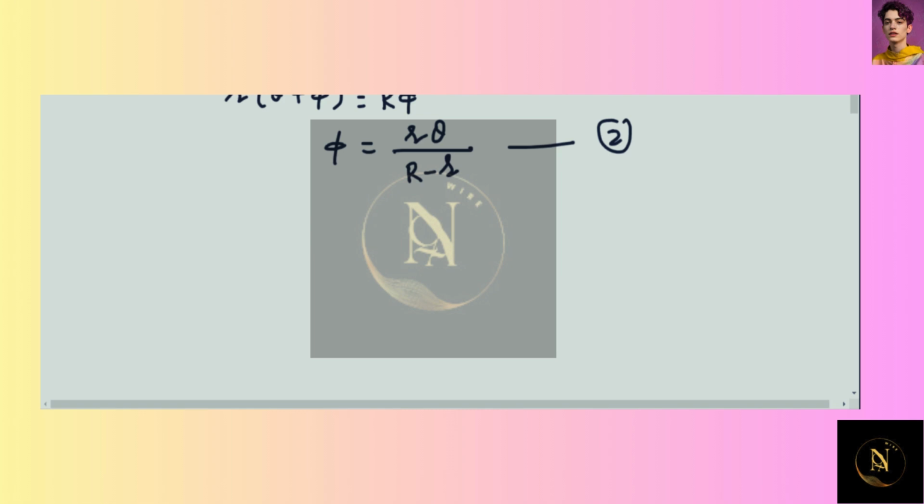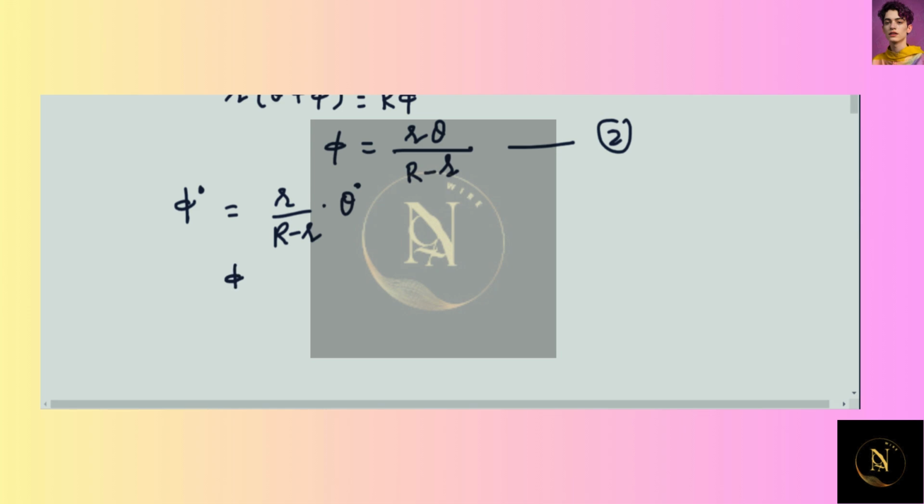Now differentiate with respect to t, so you will get phi dot equal to (R minus r) upon r into d theta upon dt, theta dot.